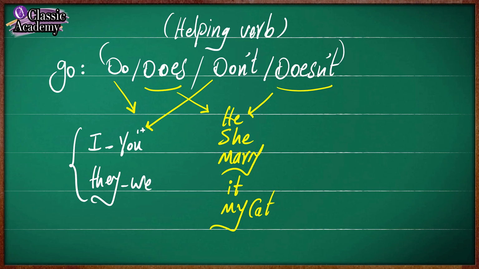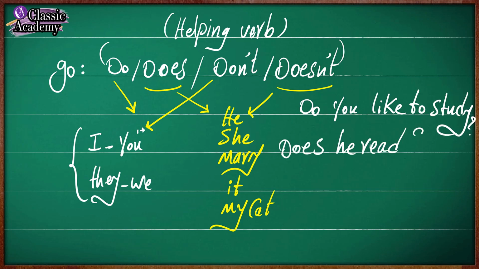Yes, of course. Again, we use these for making some questions. Do you like to study? Does he read? Well, these two question marks are very, very important. So for you, maybe you're one person, maybe more than one person, we use do.